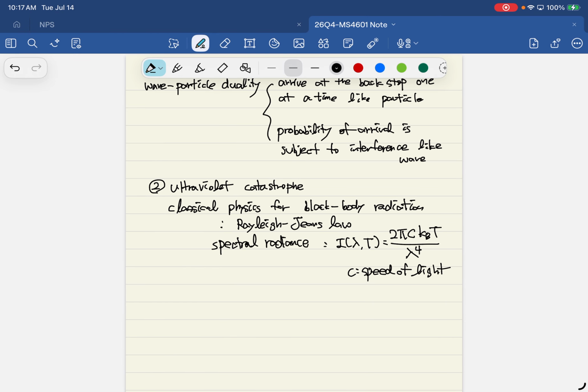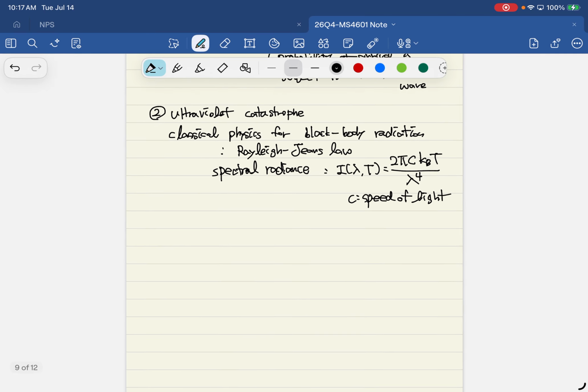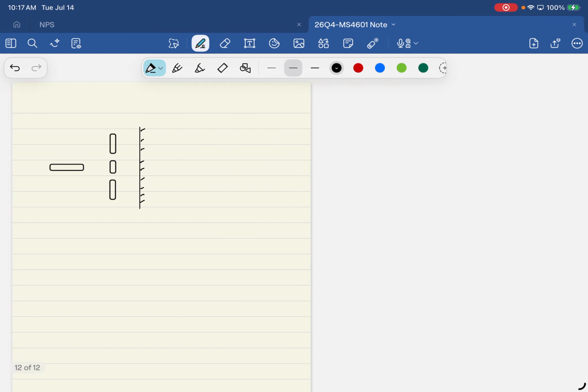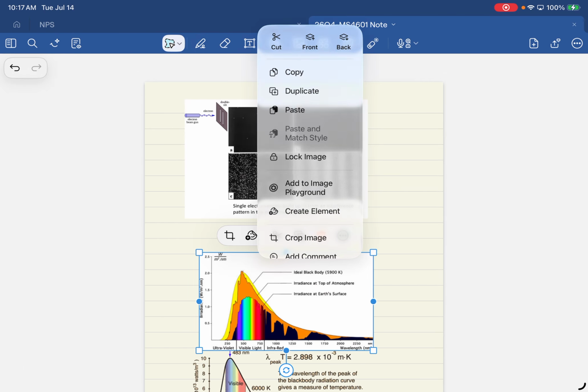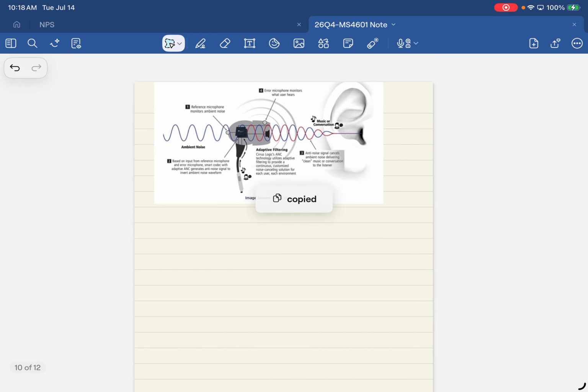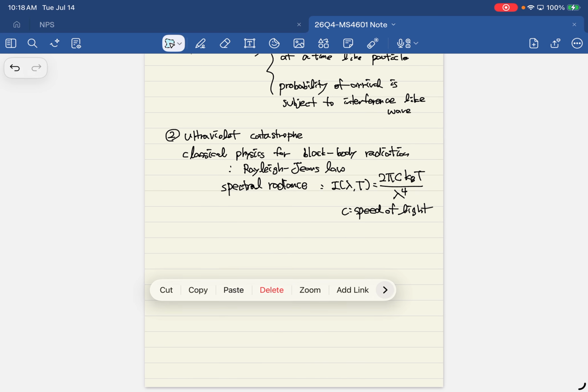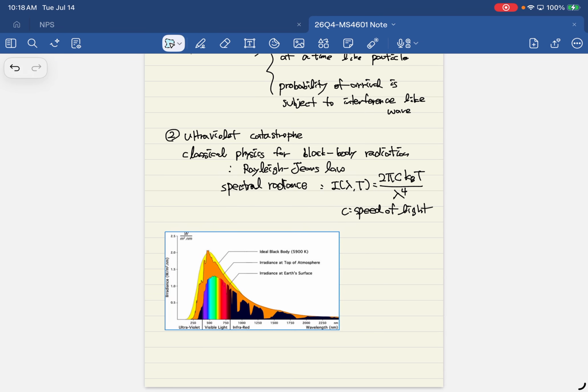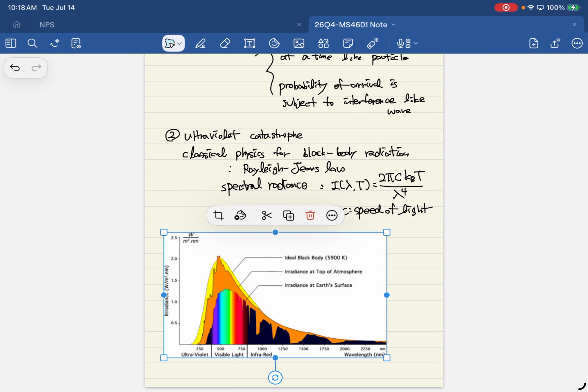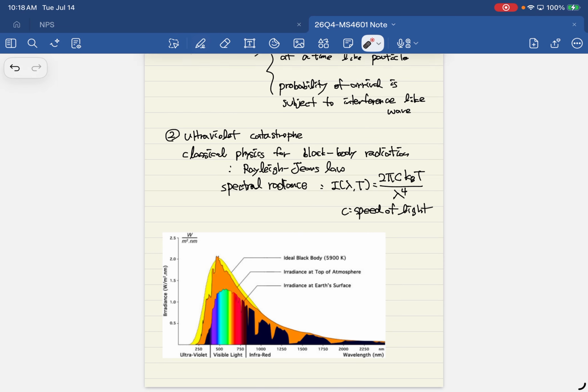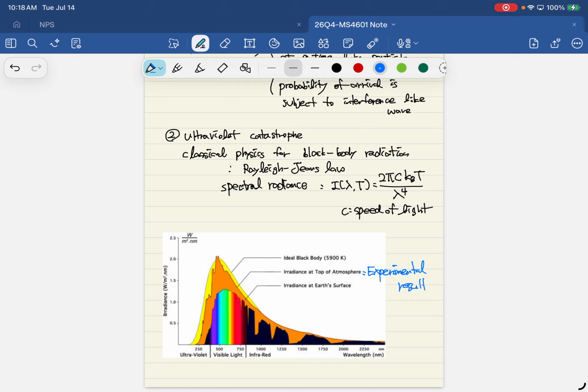Okay, so there was this theory, and it actually had some trouble explaining natural phenomena. That is because when we actually do the experiment, let me just copy and then explain here. Okay, so this is the spectral irradiance. Irradiance at the top of the atmosphere, that is the experimental result. Okay, so let me write down here. Results.